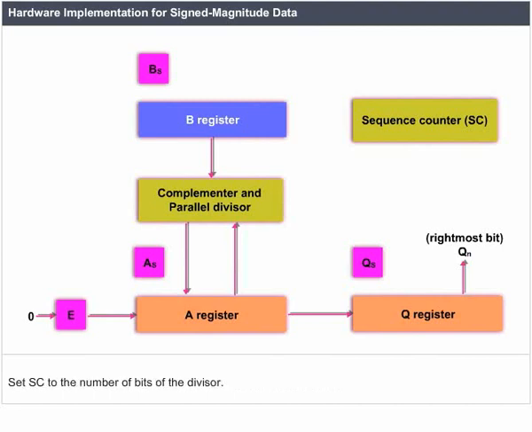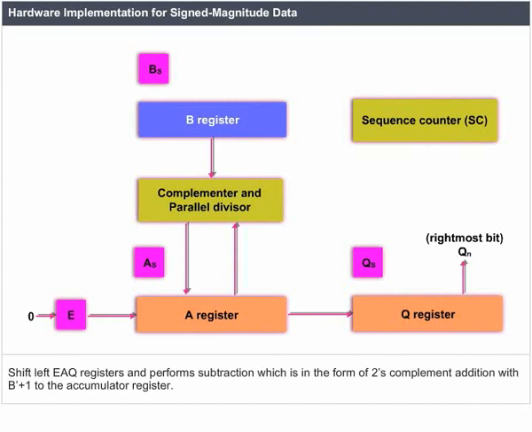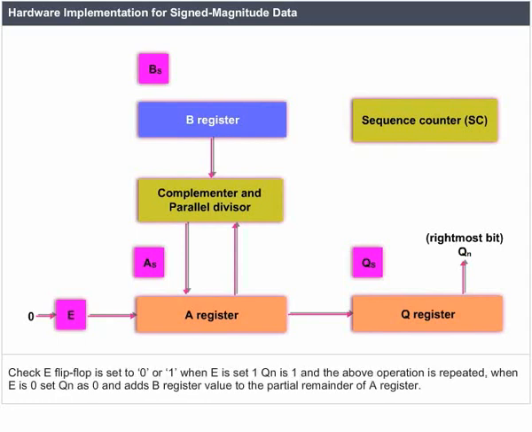Set SC to the number of bits of the divisor. Shift left EAQ registers and perform subtraction, which is in the form of 2's complement addition with B' plus 1 to the accumulator register. Check if E flip-flop is set to 0 or 1. When E is set to 1, Qn is 1, and the above operation is repeated.